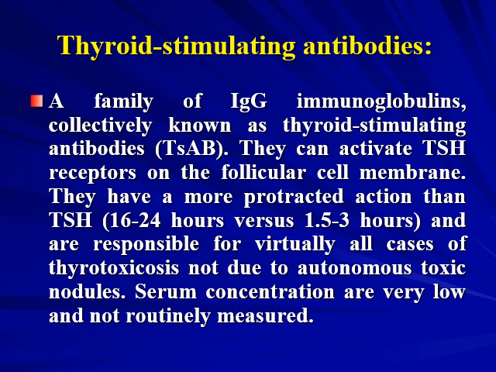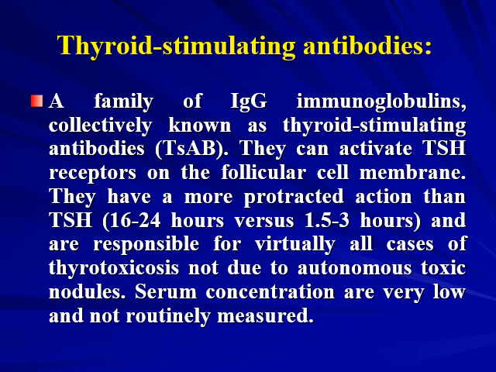We have a family of immunoglobulin G known as thyroid stimulating antibodies. They can activate the TSH receptors on the follicular cell membrane. They have a more protracted action than the TSH itself.